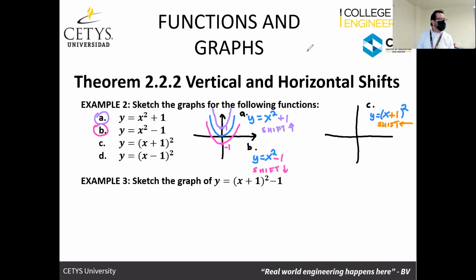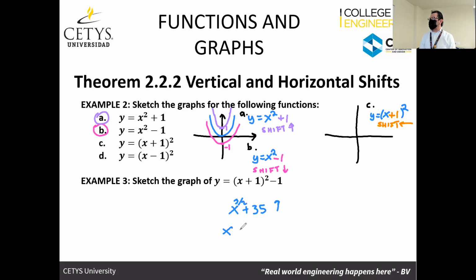To determine if we shift to the left or right, it has to be inside the parentheses, inside the base function. For example, if I have x to the 3/2 plus 35, this is going to be a shift up.